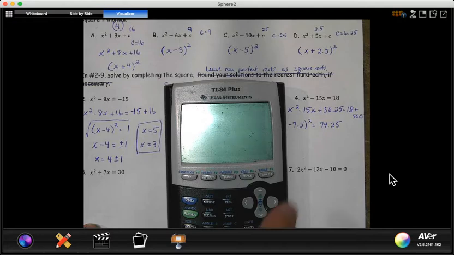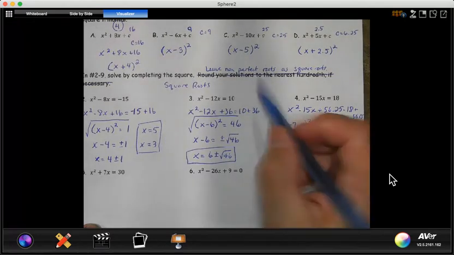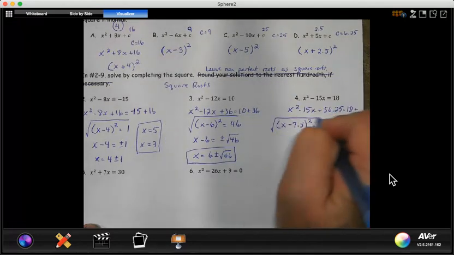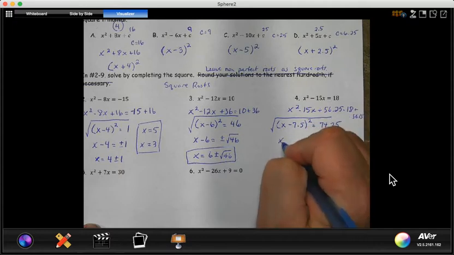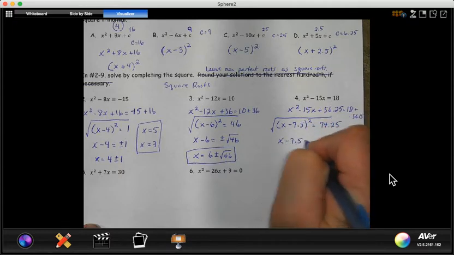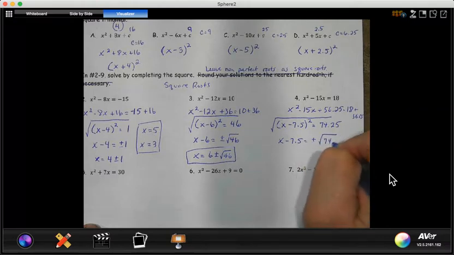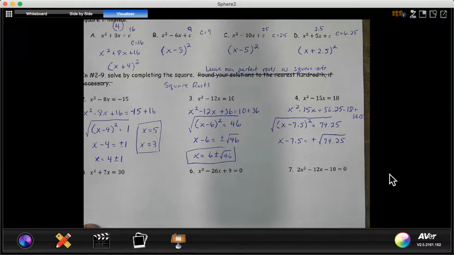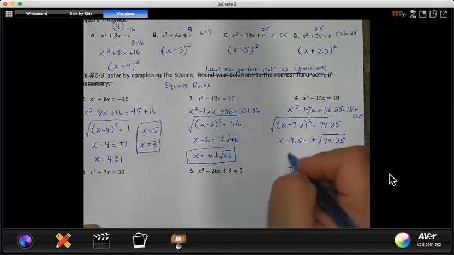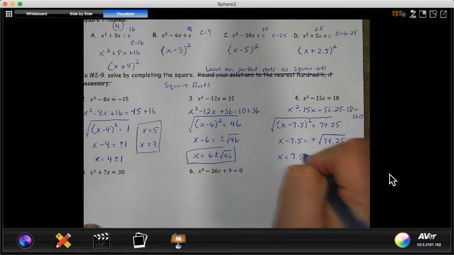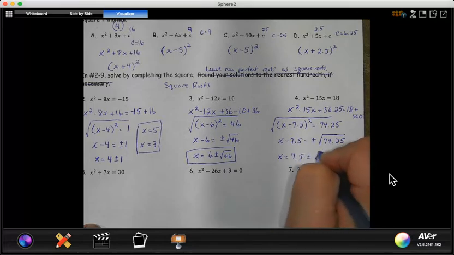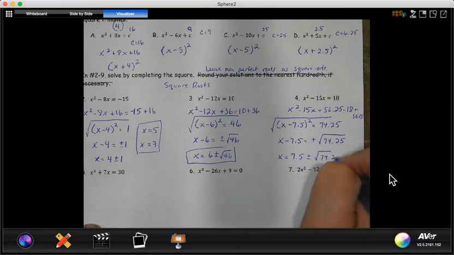Nope. So we're going to leave it. So we square root both sides, and we get x minus 7.5 is equal to plus or minus root 74.25. Then we add 7.5 to both sides, and we get our goofy looking answer, but it's right. It's 7.5 plus or minus the square root of 74.25.